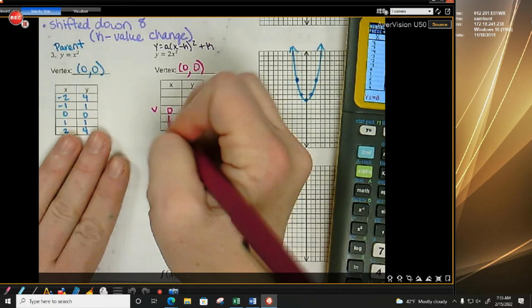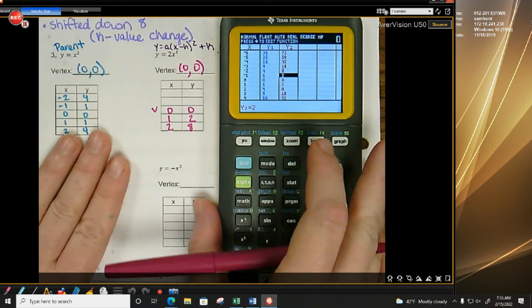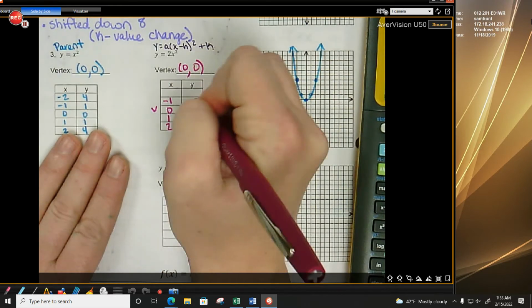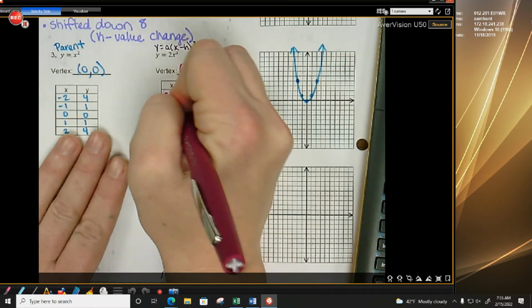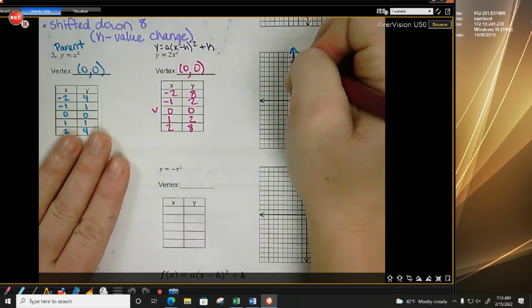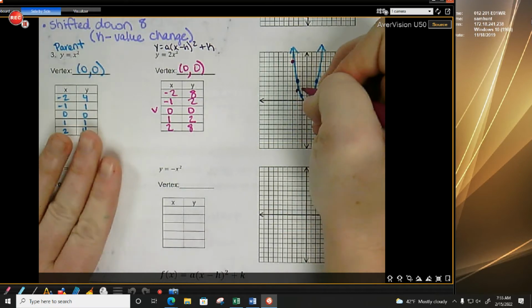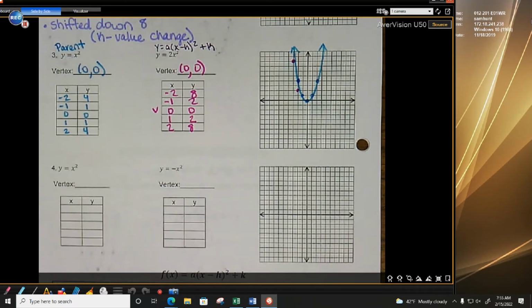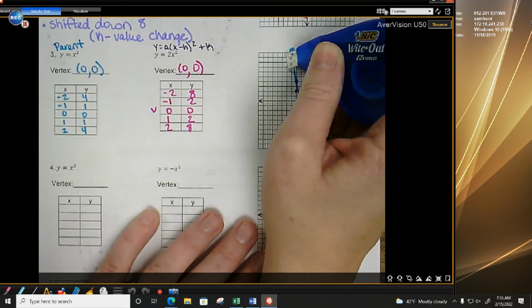What's right above 0, 0? Negative 1, 2. And above negative 1, 2? Negative 2, 8. I did that wrong. Make sure you plot correctly. It's hard to correctly compare the graphs if you don't correctly graph them.